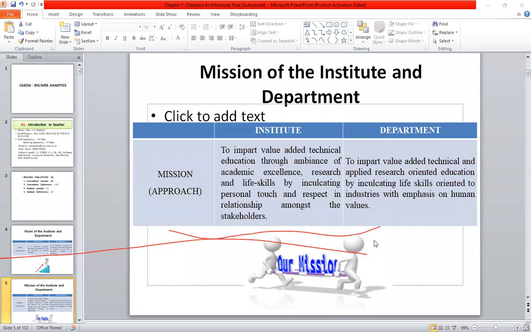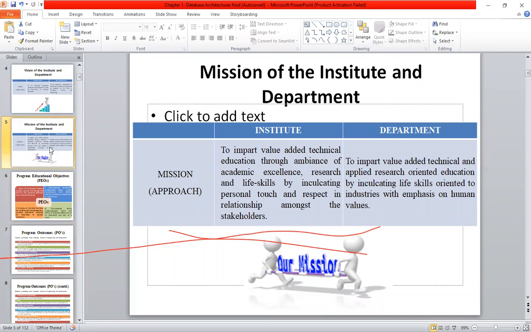As per the department mission, it is to impart value added technical and applied research oriented education, including life skill orientation for industries, with emphasis on human values.